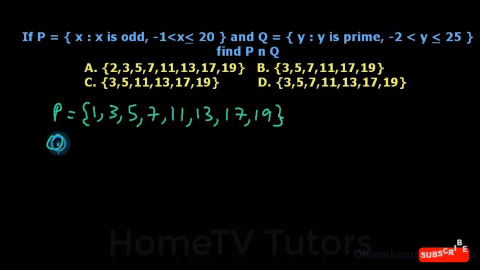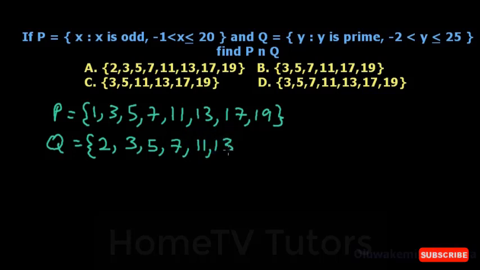Then for Q, our prime numbers between -2 and 25, which will be 2, 3, 5, 7, 11, 13, 17, 19, and 23. These are all the prime numbers between the range of -2 and 25.